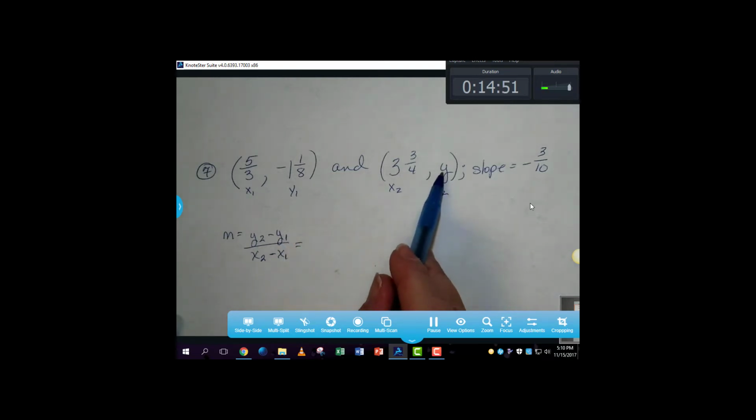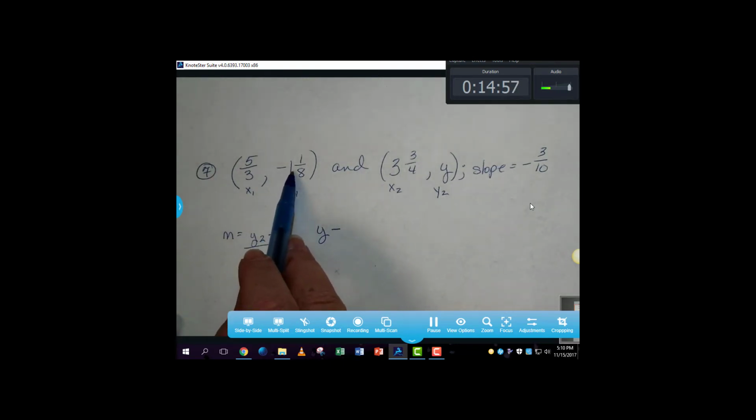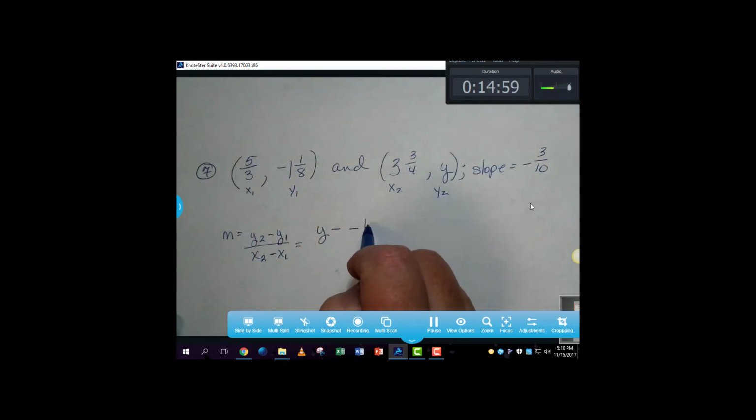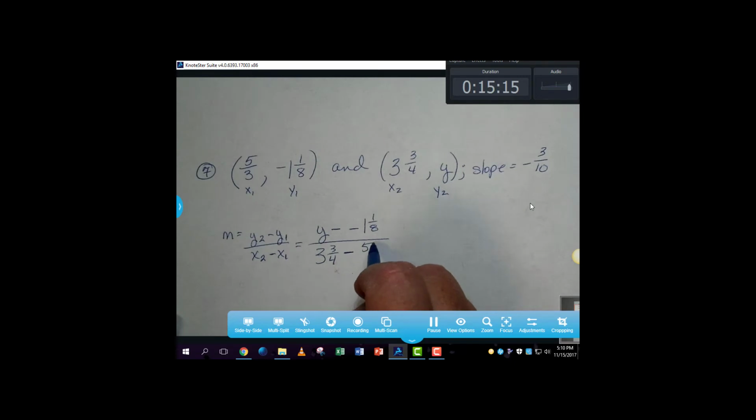My y sub 2 is just y, minus, from the formula, y sub 1 is negative 1 and 1/8. Negative 1 and 1/8. And then I have x sub 2 minus x sub 1, so I'm going to have 3 and 3/4, minus from the formula, and x sub 1 is 5/3.